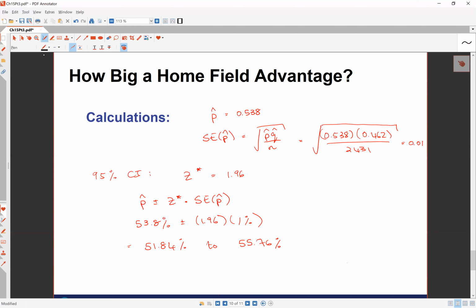So if we were testing a null hypothesis value of p equal to 0.5, it is not inside the confidence interval. So we would again reject the null hypothesis.